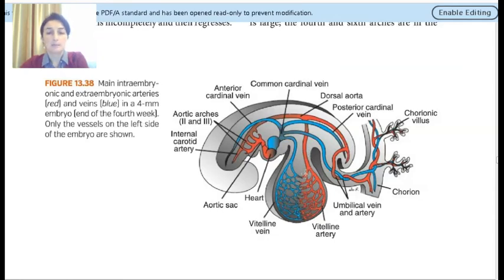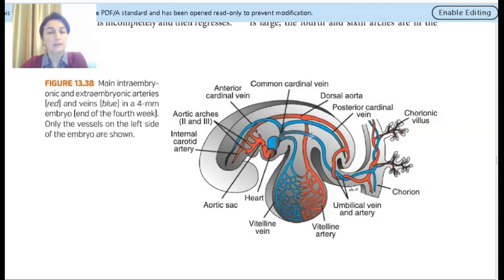And which arterial vessels actually does the embryo have when it is 4 millimeters in length? As I mentioned, there are large vessels, the dorsal aorta, and from the dorsal aorta we have vessels. These are vitelline arteries. They take their origin from the dorsal aorta and carry blood to the yolk sac.